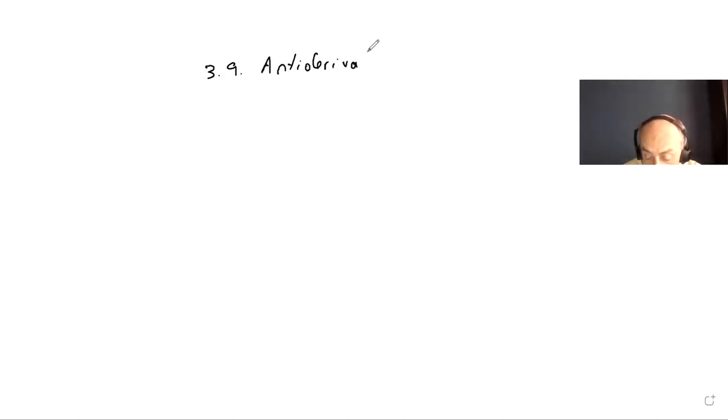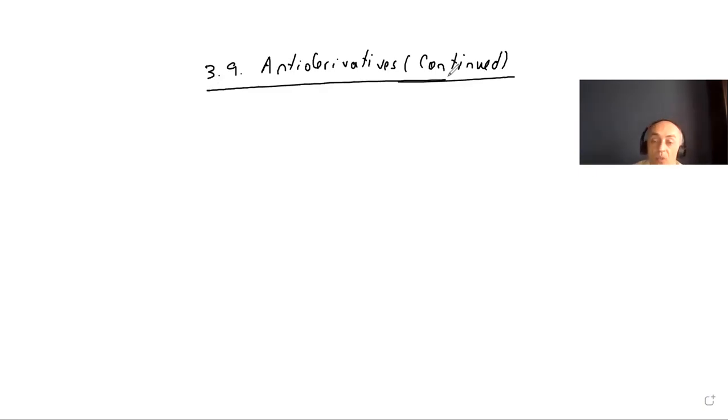So we continue with 3.9, and that's anti-derivatives, continued. If you remember what we did last time, we said, okay, here are the antiderivatives, and we derived some formulas. Remember that the antiderivative, in theory, has a very simple definition.